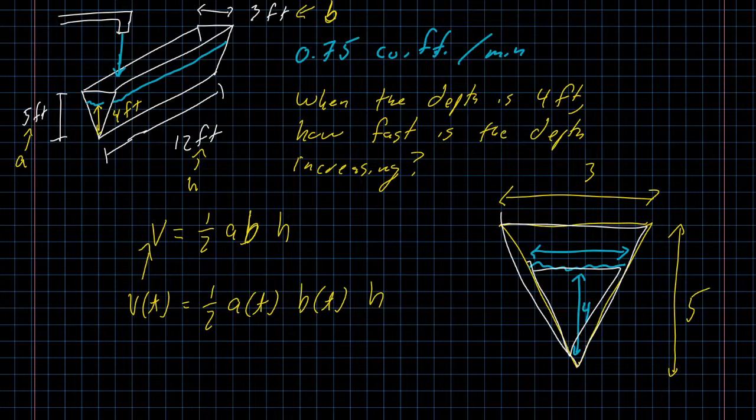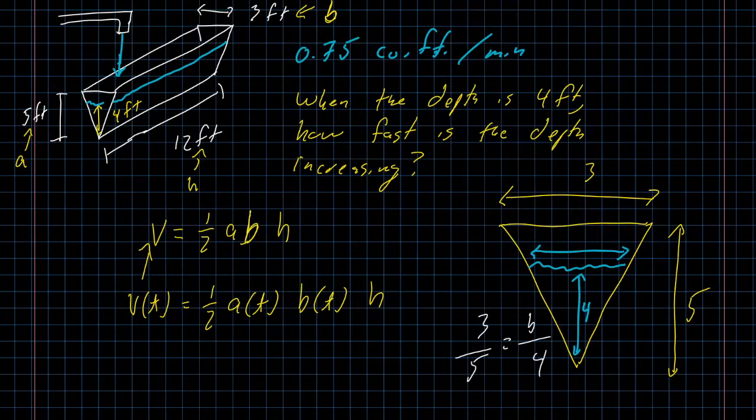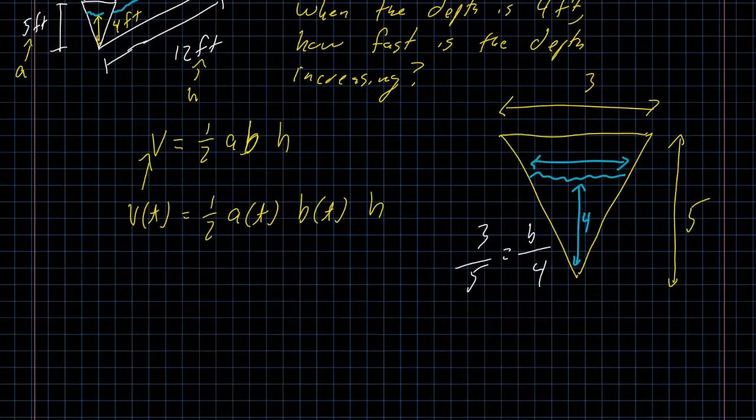And so knowing that we have some similar triangles, we should be able to calculate using ratios. 3/5 equals our unknown b over 4. Which means that our unknown b at the time we care about is 12/5. So that's our b at the time t0 that we care about.